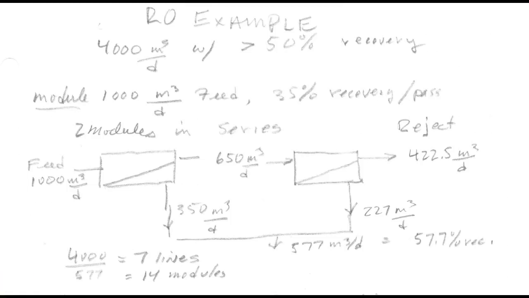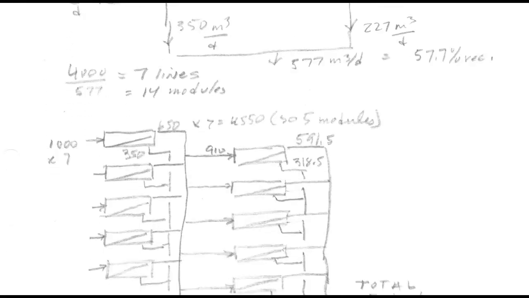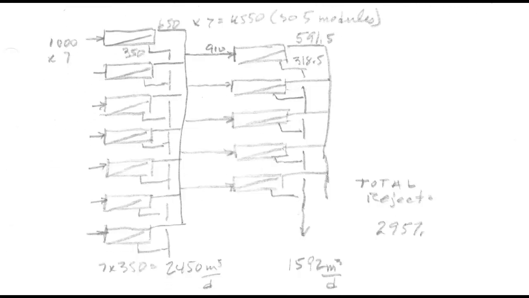So the alternative in that case would be to have a number of modules in the first group and a reduced number combining the product water or reject water of each module. So in this case, we have 7 first stage modules and 5 second stage modules.